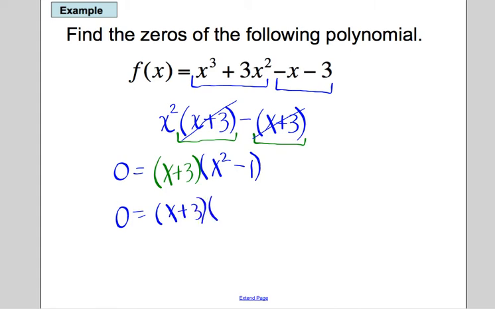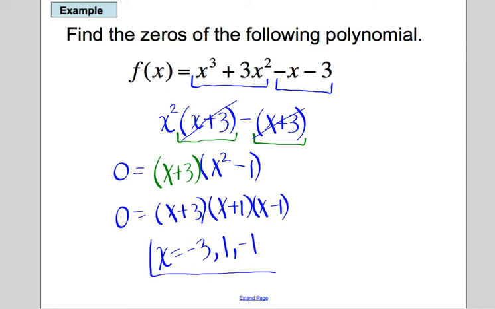It's the difference of two squares. So that's the x plus 1, x minus 1. The zero product property now would give us three roots, or three solutions, -3, +1, and -1. So in this case, again, we use what we call factoring by grouping.